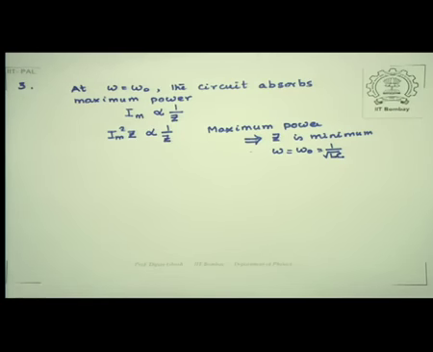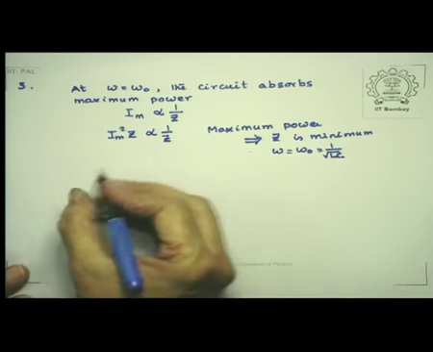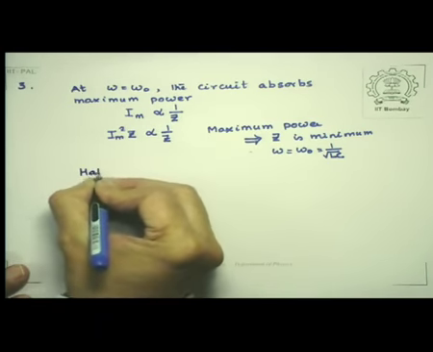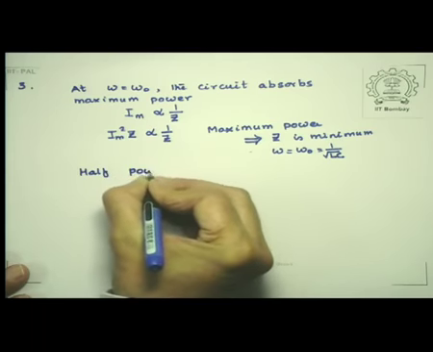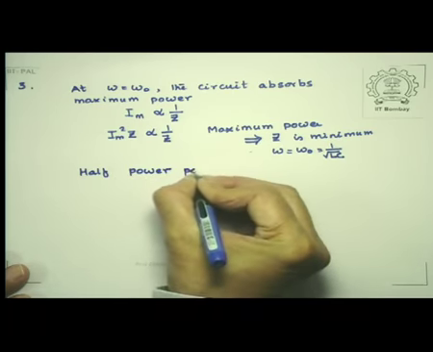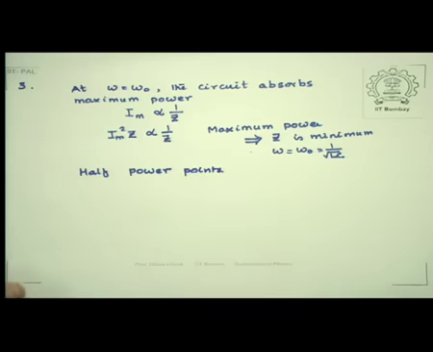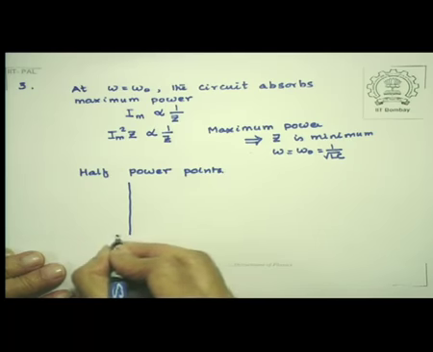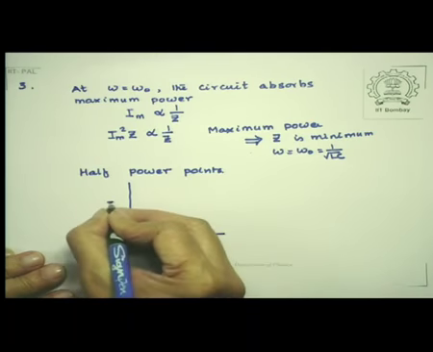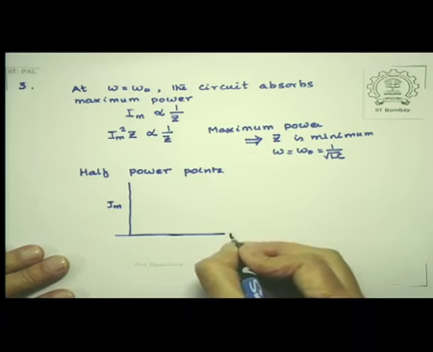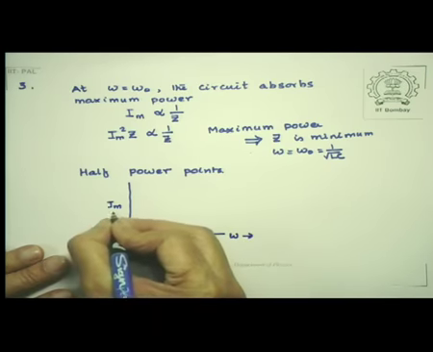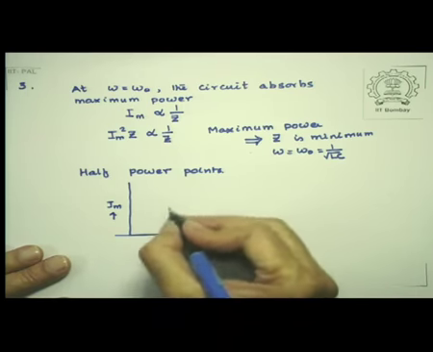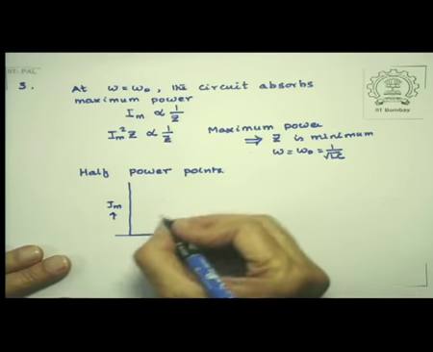Having done this, we defined what are known as half power points. So we said that if you are plotting this Im that I have talked about as a function of omega, then the curve that you get has a peak at omega equal to omega 0, as you have pointed out.